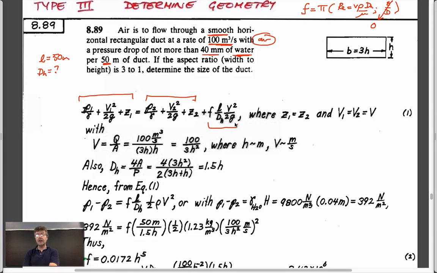And so we have to start writing our terms in terms of these. The pressure drop across the system will be P1 minus P2 over the unit weight of water, and so this term combined is going to be 40 millimeters. I was going to do it metric, but this is 40 millimeters, 0.04 meters, right? 4 centimeters or 0.04 meters.